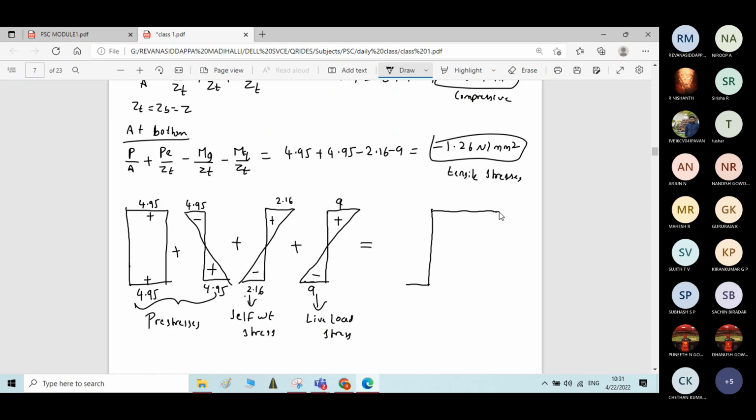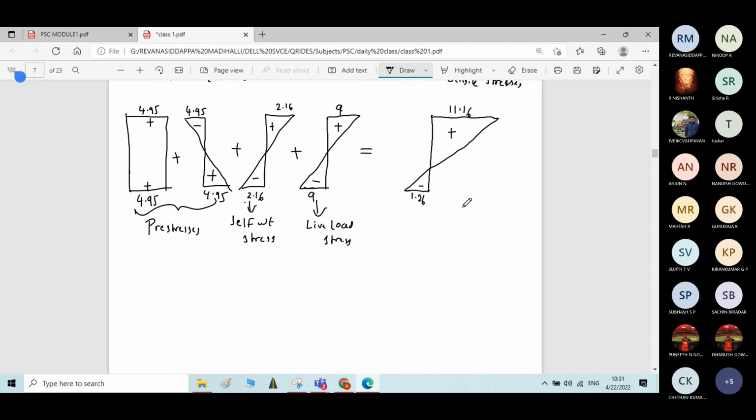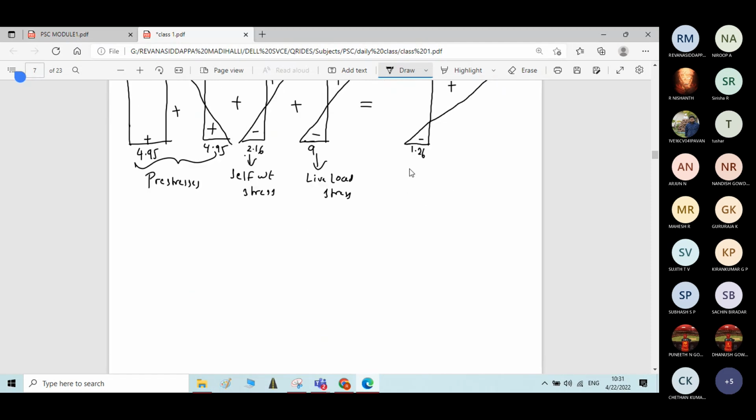Just join both the points and you will get the nature of stress distribution for the resultant stresses.